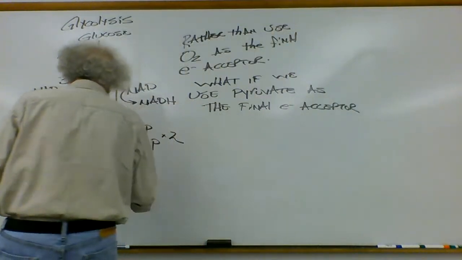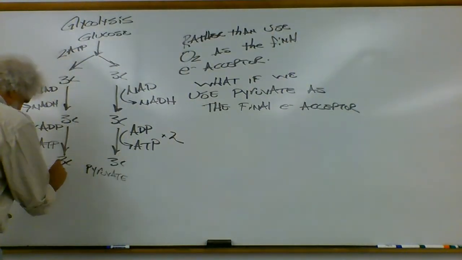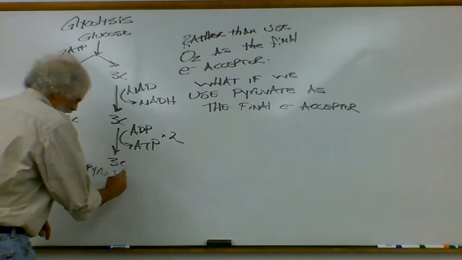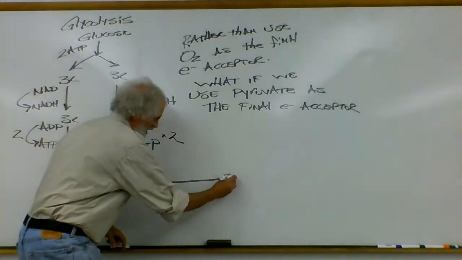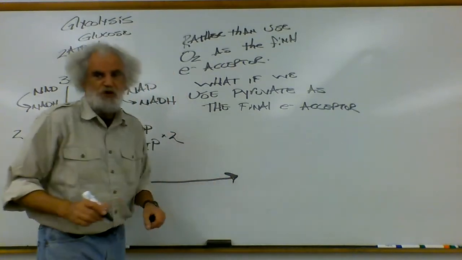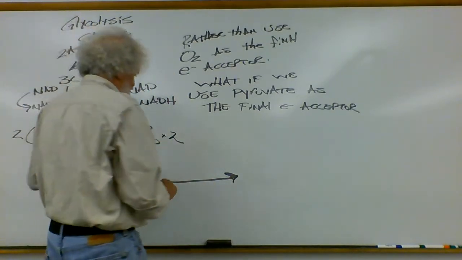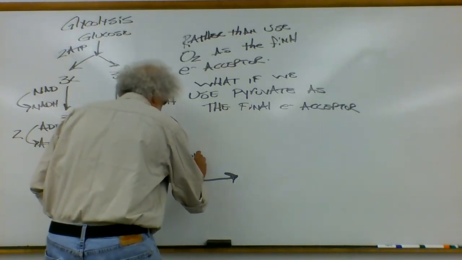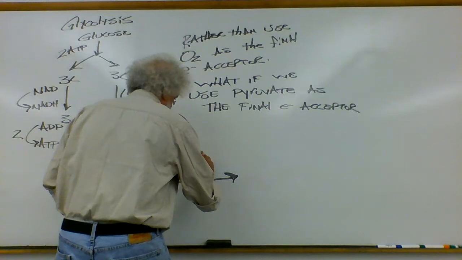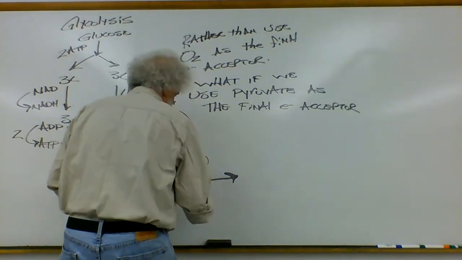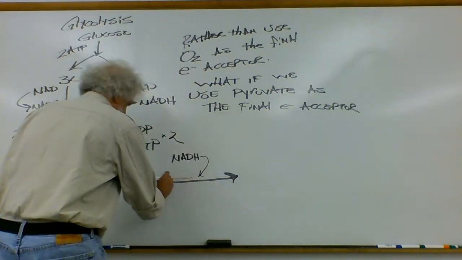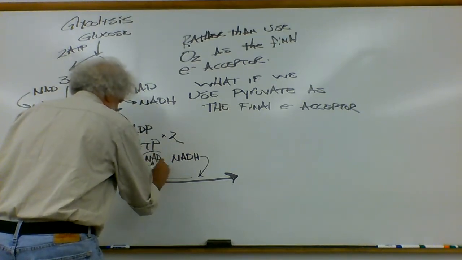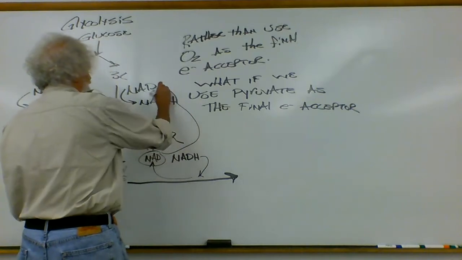We've got the two pyruvates here, so pyruvate and pyruvate. We're going to take pyruvate and we're going to add an electron to it. We're going to reduce it. So what we do is have NADH dump its electron onto pyruvate, come back out as NAD, and that can go right there.